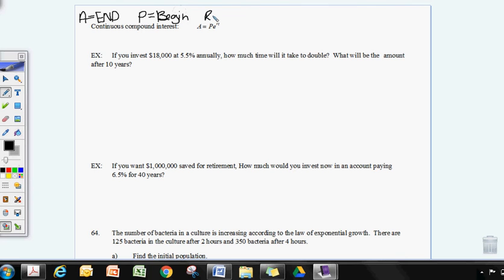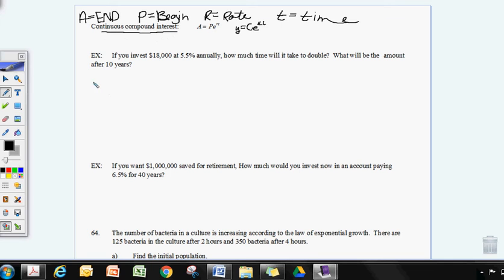The r is going to be the rate that you have interest at, and t is going to equal time. Okay, so you guys, this is the same as y equals C e to the KT power. This is the PERT formula, A equals Pe^(rt), and this is continuous compound interest.